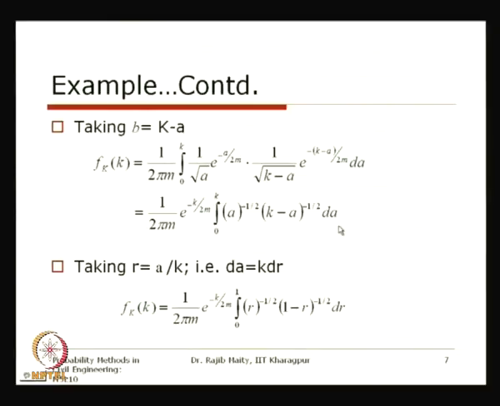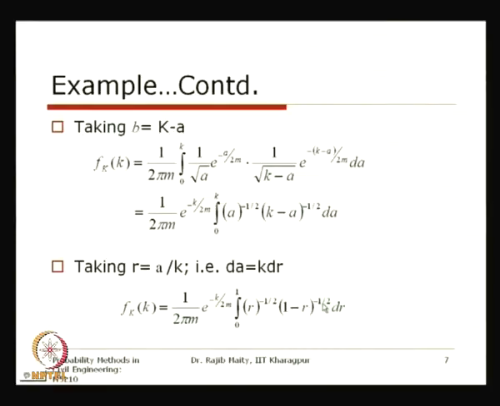Now, a closed form of this integration is not directly available, but if we replace A by K times r, that is r equals A by K, then the integration limit will be 0 to 1, and it will be r power minus half, 1 minus r power minus half, dr. Now this is nothing but a beta function with parameters half and half.